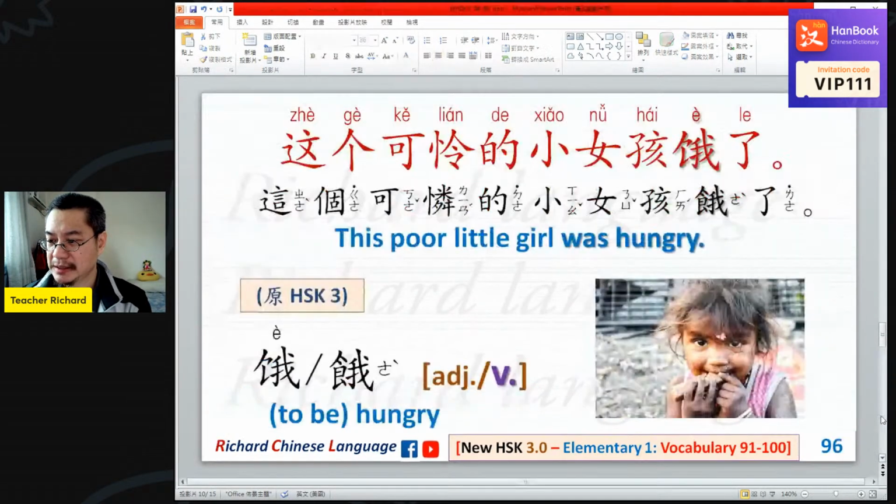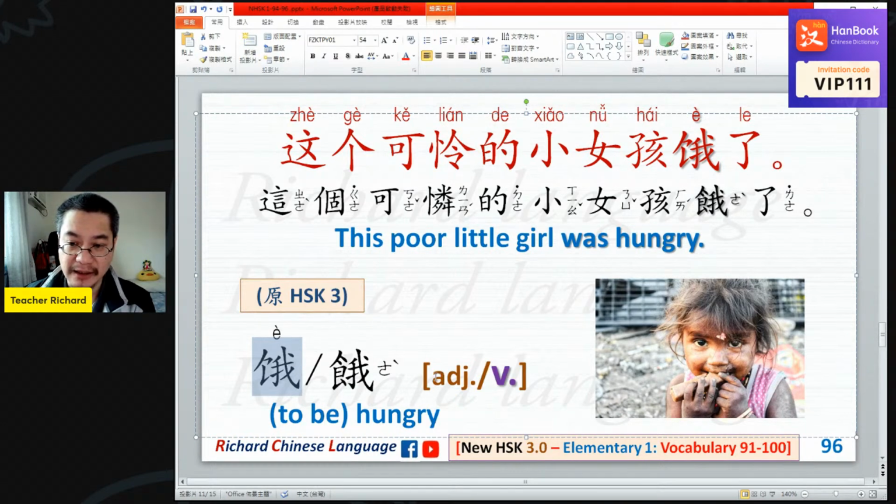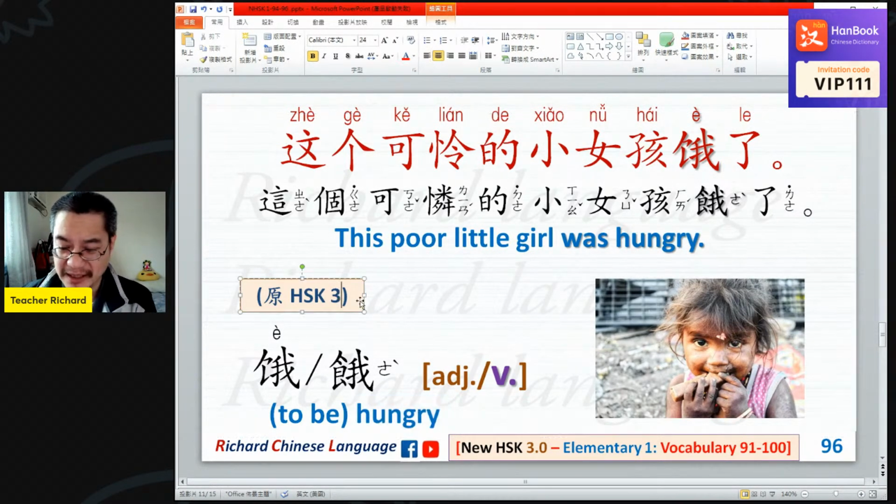Okay, so let's see. Entry 96: 饿. It can be an adjective. It can be a verb also, which means hungry. It's a very basic and important word in Chinese. Means hungry. And what's the antonym? 饱.